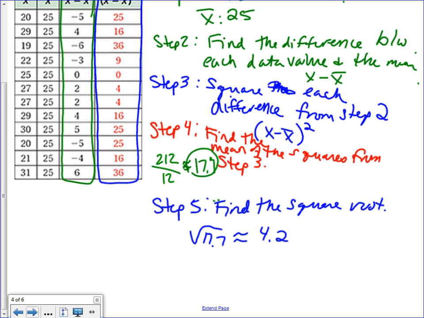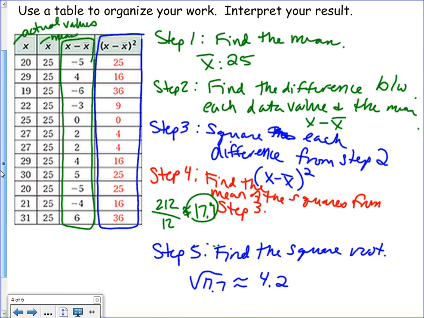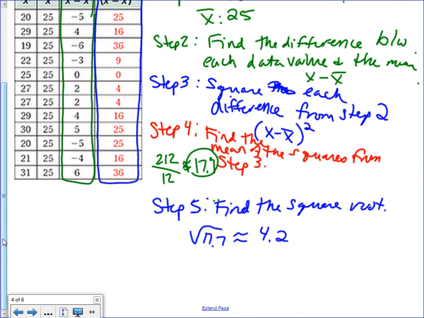Okay. So the standard deviation is 4.2. And then we had to sort of explain or interpret the results. So that means that the typical age of a contestant on show A differs from the mean by about 4.2 years.